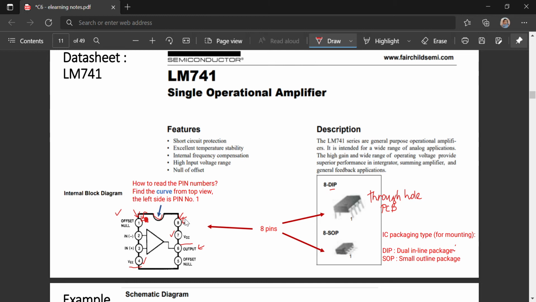Or there is also the SOP type for this op-amp, small outline package, which is for surface mount devices.